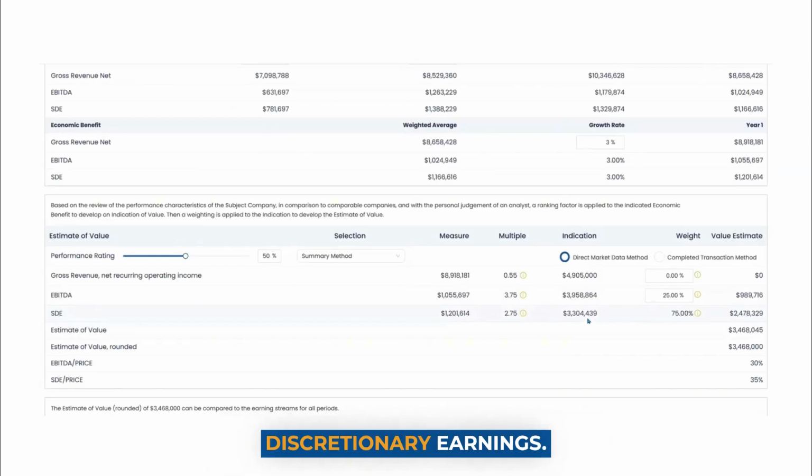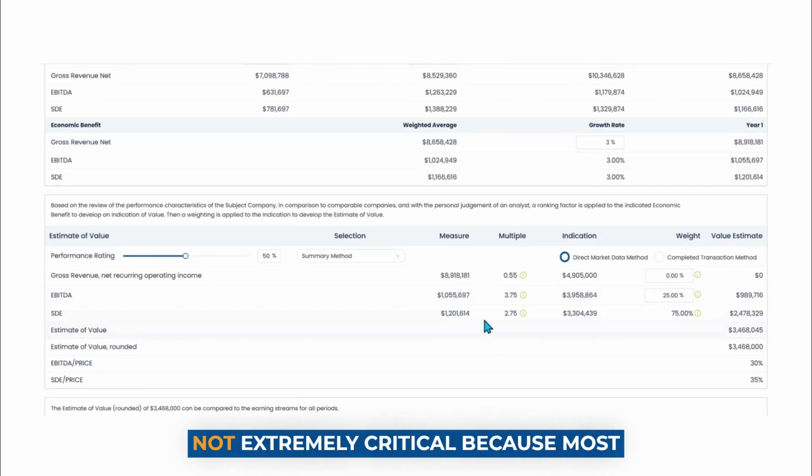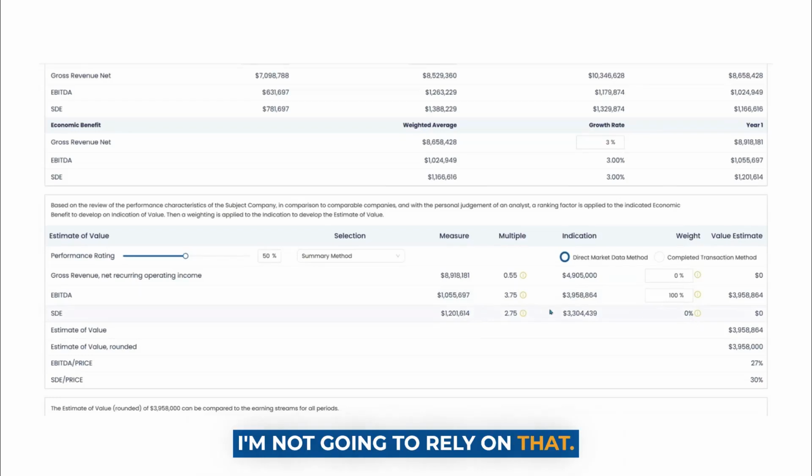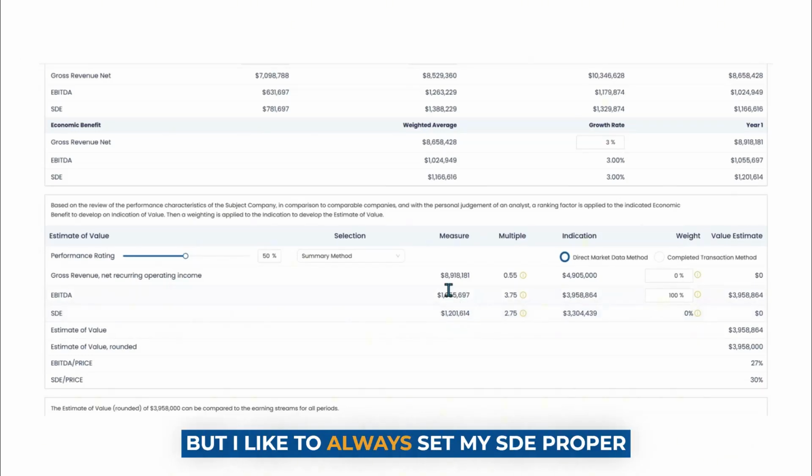So the impact is, if we don't reclassify that, we will overstate seller discretionary earnings and the value based on seller discretionary earnings. Now, in this case, it may have been not extremely critical, because most deals that I am valuing that are, we'll say, over $1 million in value, it's highly likely that I would put a 100% weighting on EBITDA. So even if my SDE was overstated, I'm not going to rely on that, but I like to always set my SDE proper so that I'm reflecting true values.